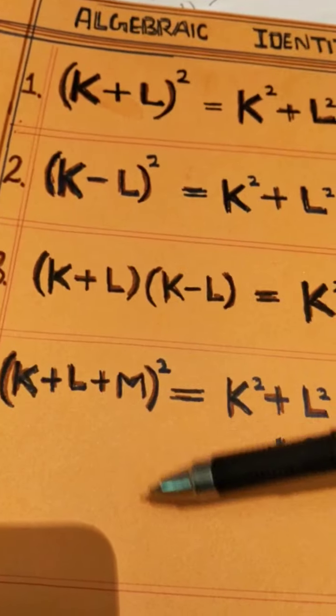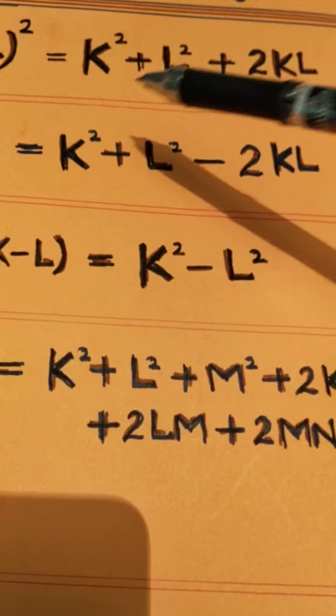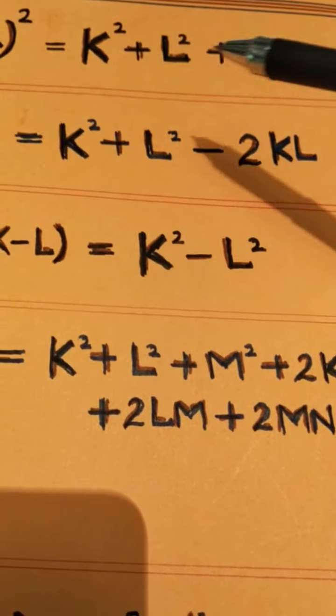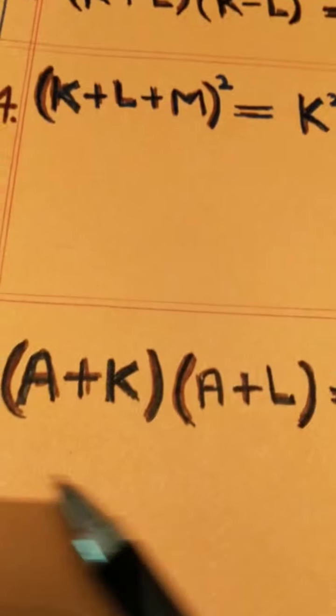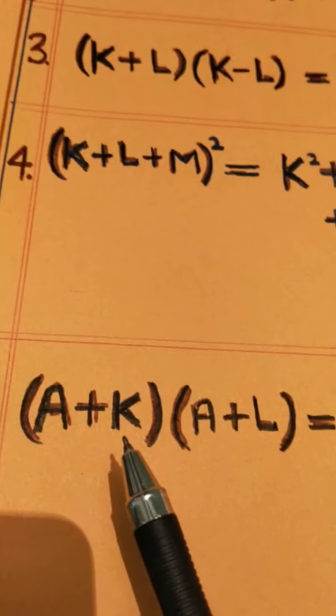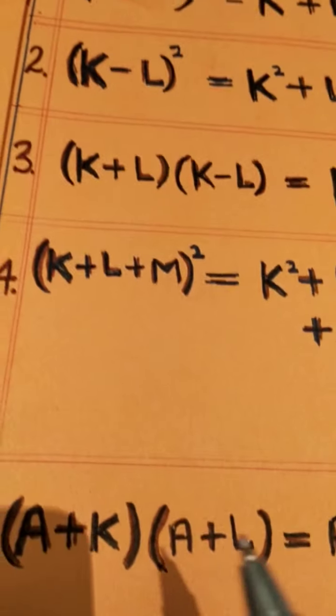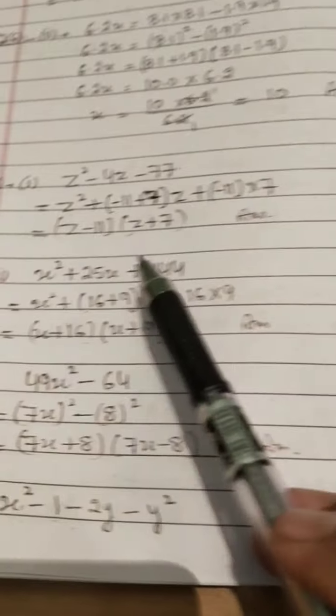But in factorization, your right hand side is given and you have to find the left hand side. Trinomial expressions are given. Convert this trinomial expression into either k plus l whole square, k minus l whole square, or x plus k into x plus l. Here a is your x and k and l are your a and b. Okay. Now question number 7.